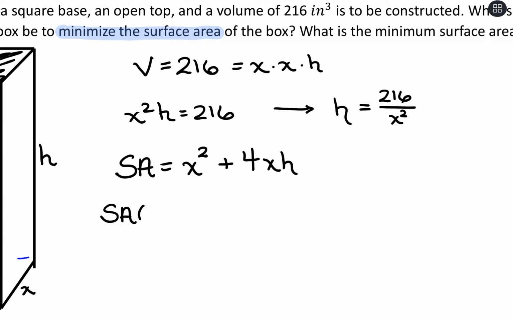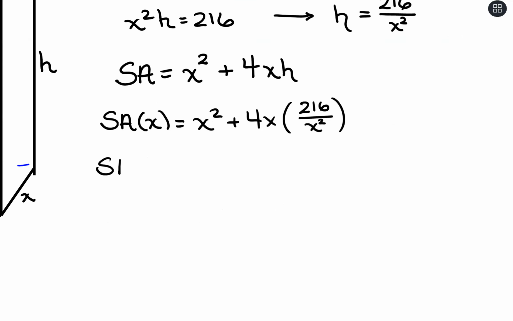So a function for surface area in terms of x will have an x squared plus 4x, and then instead of h, I'm going to use this 216 over x squared. And then I'll simplify a bit. So 4 times 216 is 864, and then over x.